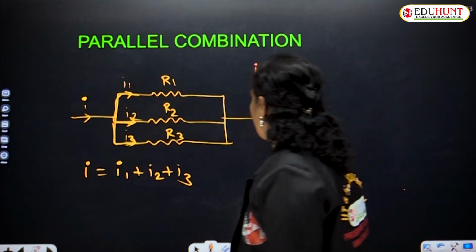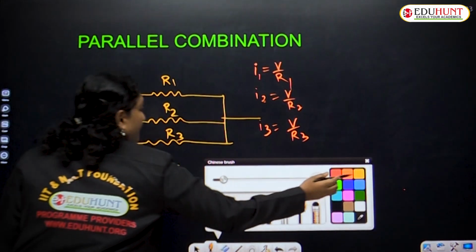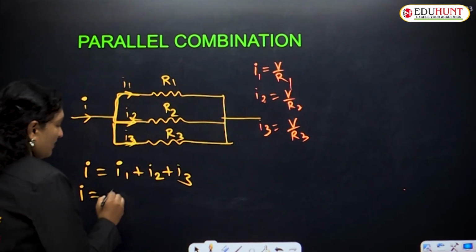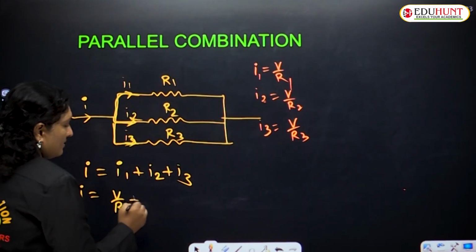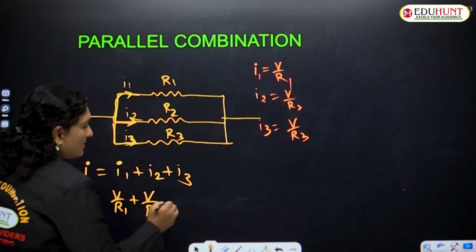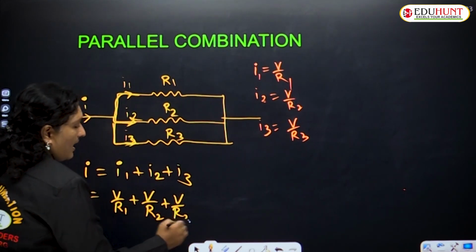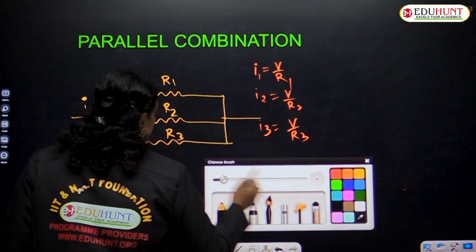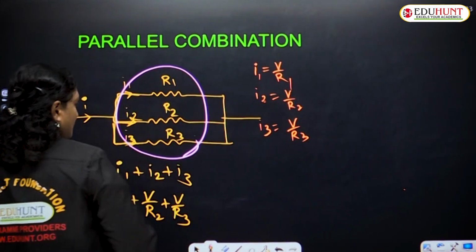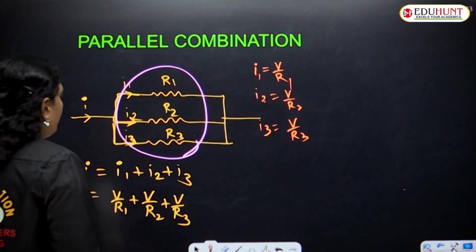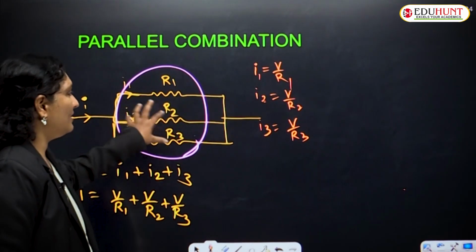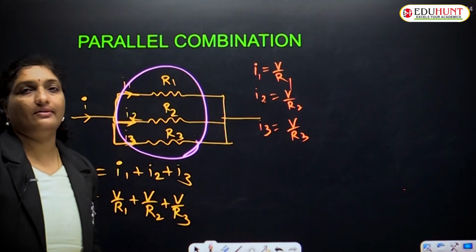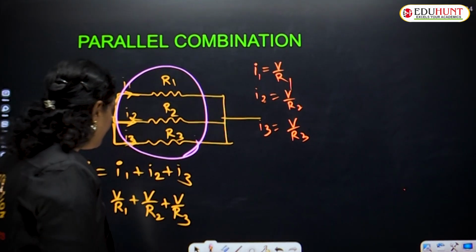So now substituting here, we have I is equal to V by R1 plus V by R2 plus V by R3. Instead of all the resistors, if we consider all three combined into one, that will give you the equivalent resistor.